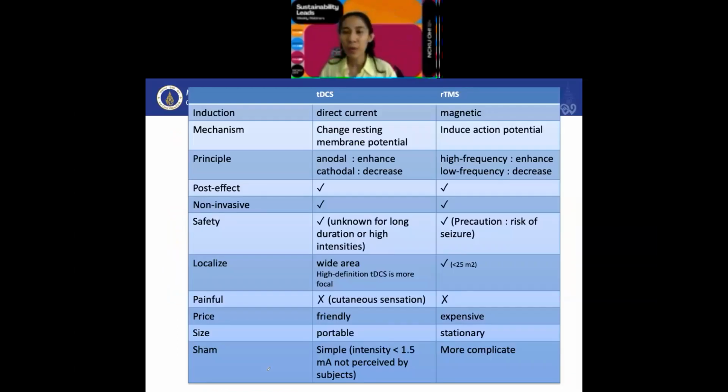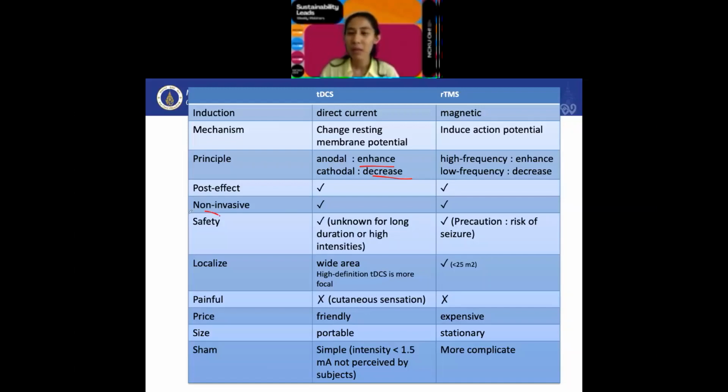Okay, this is a summary comparing TMS and tDCS. tDCS is direct current, while rTMS is magnetic. And for the mechanism, tDCS can change resting membrane potentials, while TMS directly induces action potentials. But both techniques can enhance or decrease cortical excitability. They both can induce after effects and are non-invasive.